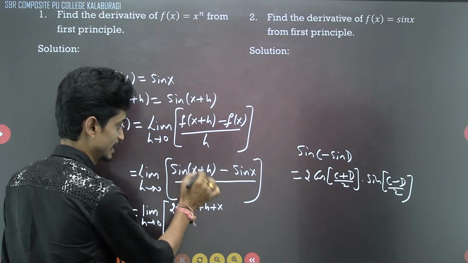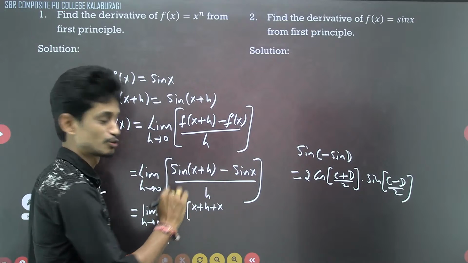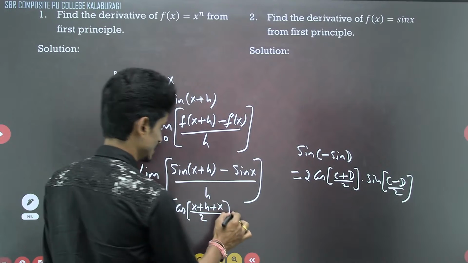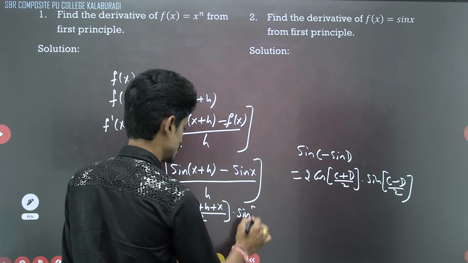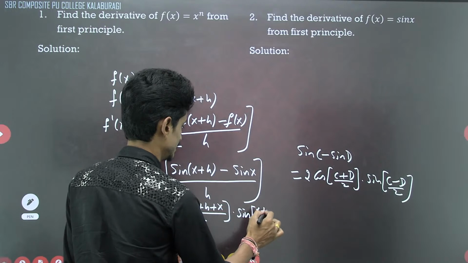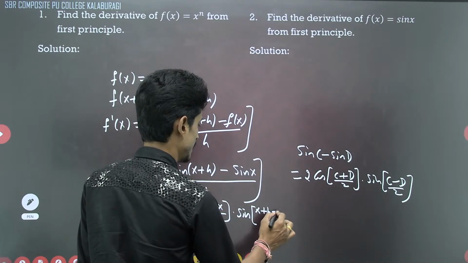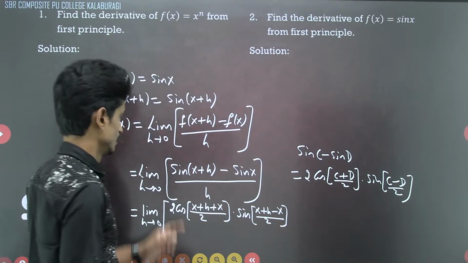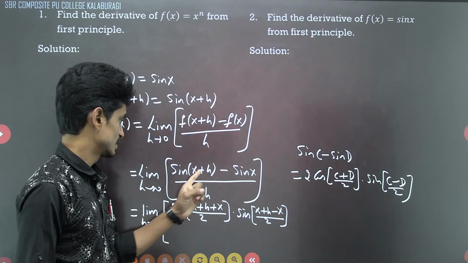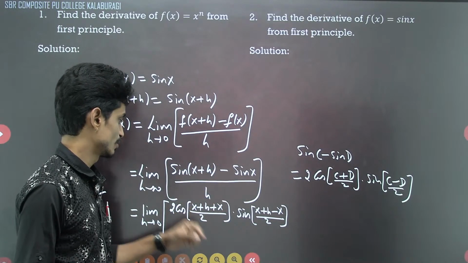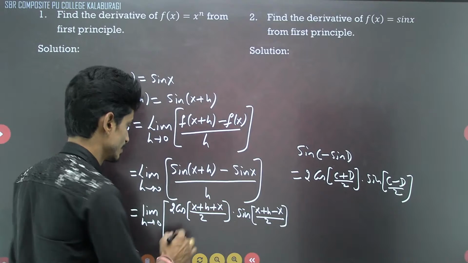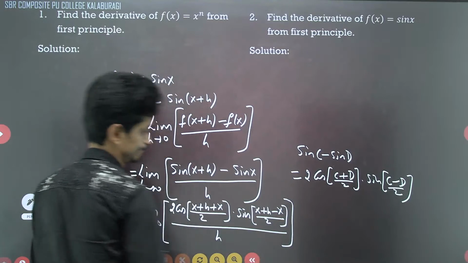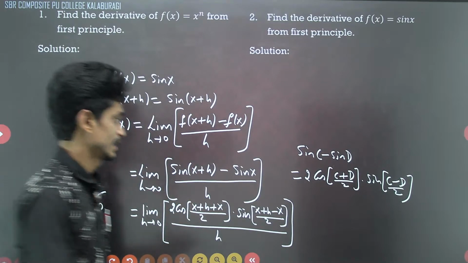C is considered to be x plus h, D should be considered to be x, divided by 2, into sine of (C minus D) by 2, that is (x plus h minus x) divided by 2, whole divided by this h, right, as it is. Clear this concept? Next.